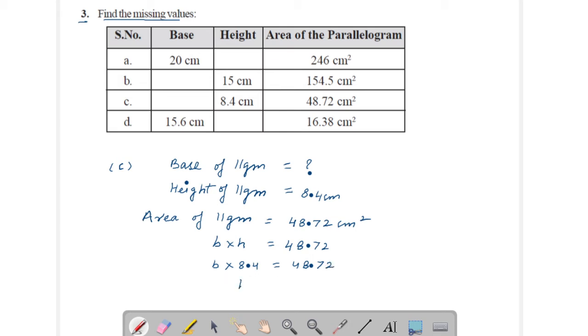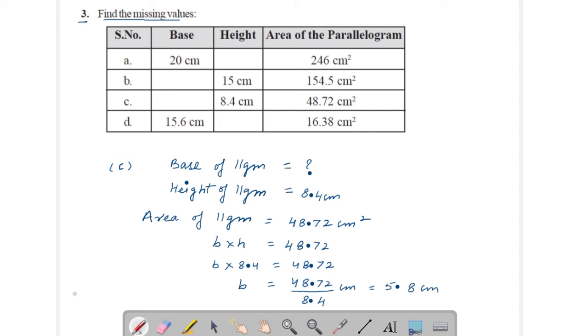Therefore base will be 48.72 upon 8.4 centimeter. Now simplify it. You will get 5.8 centimeter.